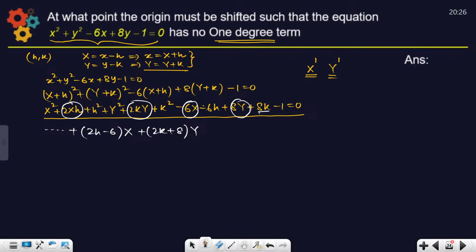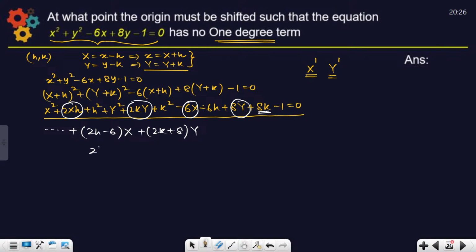Don't take 8k as a 1 degree term because k is not the variable. Are you getting my point? 1 degree term means the exponent of the variable is 1, not any other term. Okay. So in this case, they have said that it has no 1 degree term.